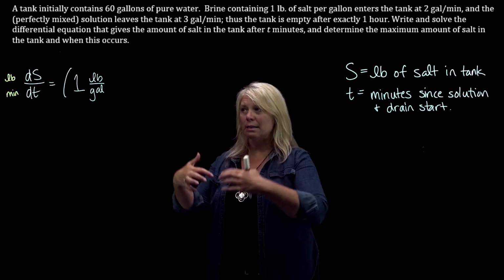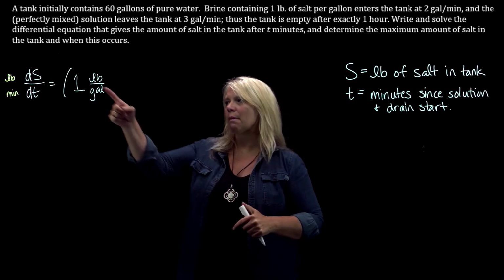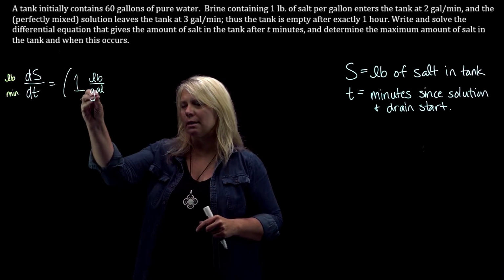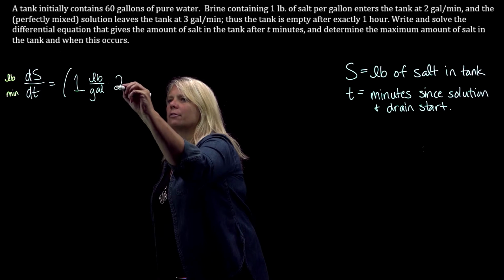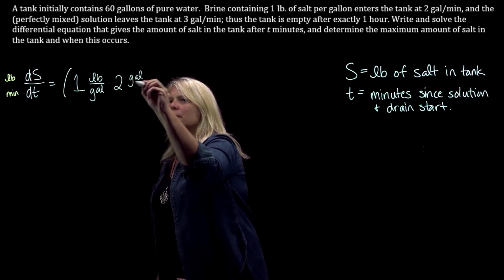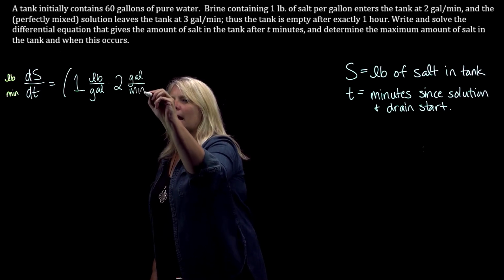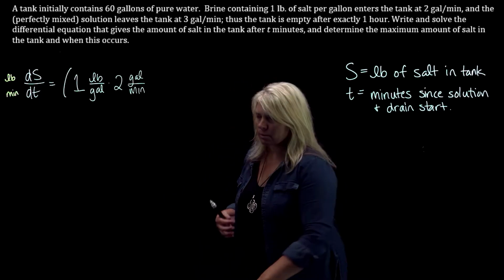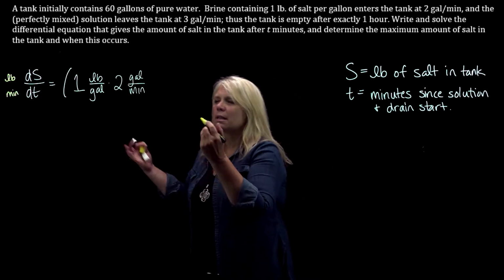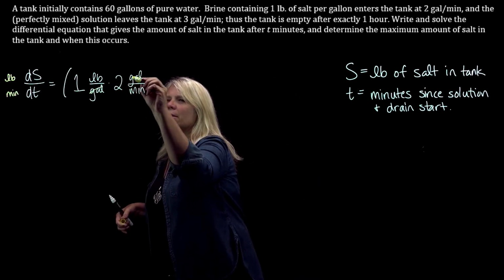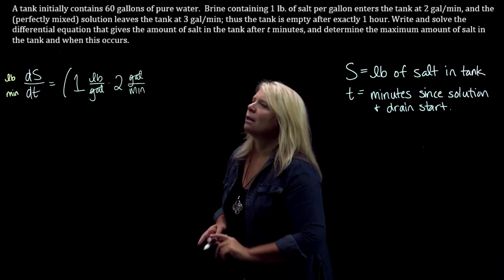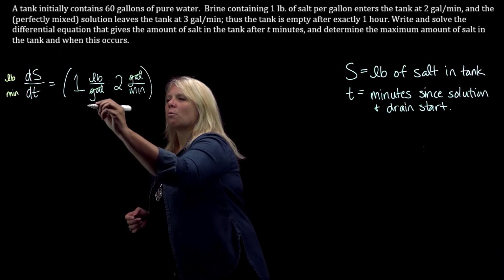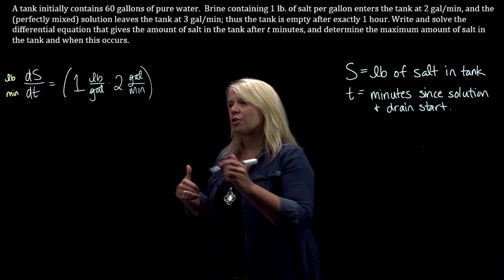So that's a positive, increasing the amount of salt in the tank. So this is a positive rate of change. 1 pound per gallon at a rate of 2 gallons per minute. And just like you use unit analysis when you do a science problem in physics class or chemistry class, just thinking about those units. So we've got the right units here, pounds per minute on this term. So this is for the solution that's entering the tank.